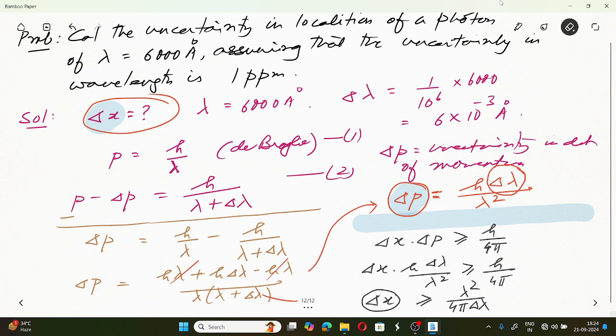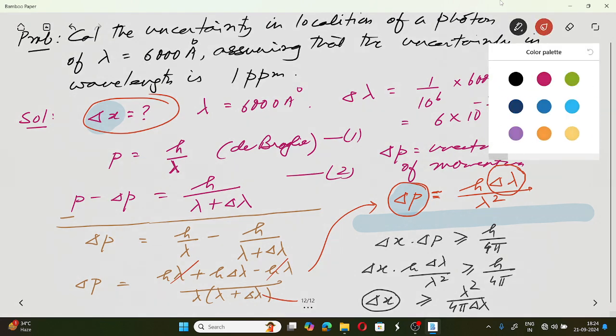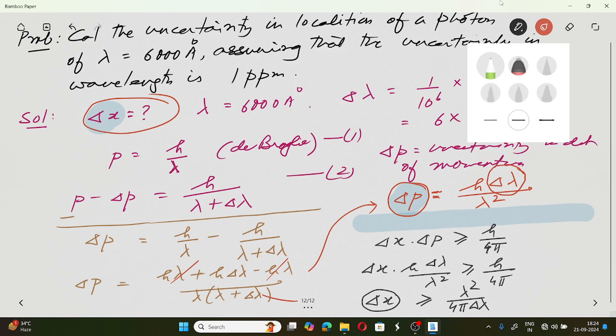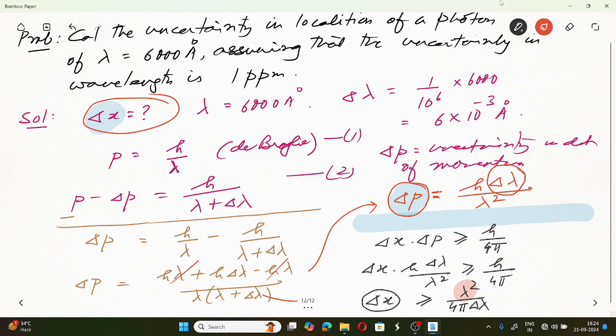Can you follow this? Look carefully, this will be in angstrom square, and this will be in angstrom. You know the value of lambda square, and you know the value of delta lambda. You substitute these values and find out delta x in angstrom unit.